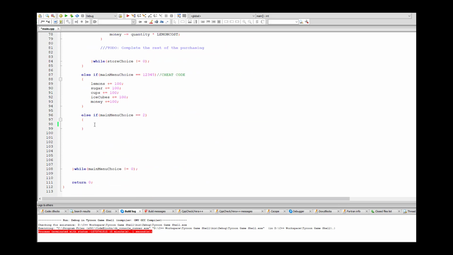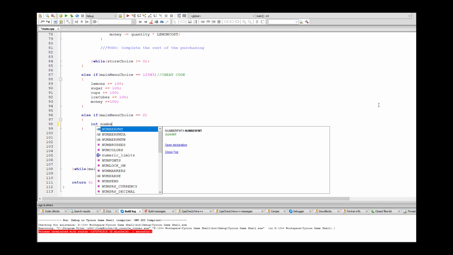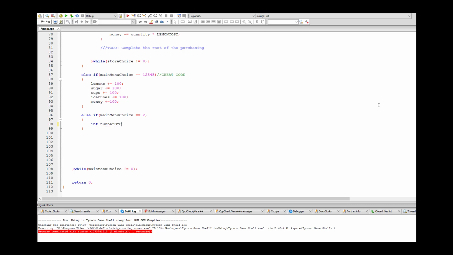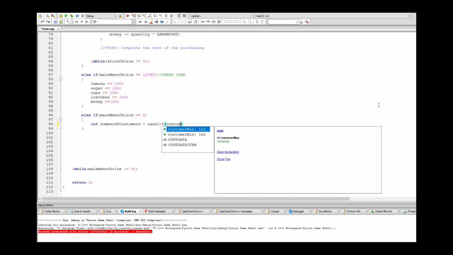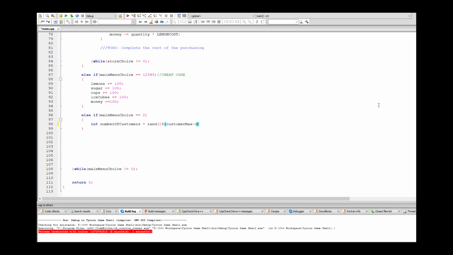All right, so what we'll do here is randomly determine the number of customers that are going to appear. So we'll have number of customers is equal to rand modulus customer max minus customer min plus 1, plus customer min.